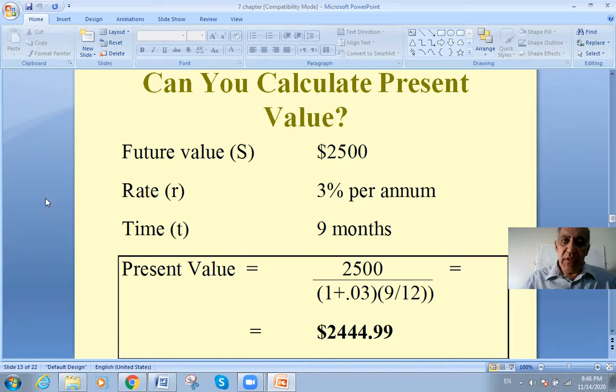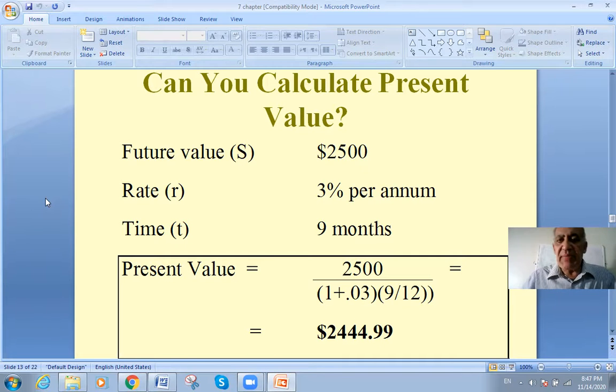So when you are going towards a point, you will try to find out the future value. But when you are getting the price of it just now, then this is the present value.